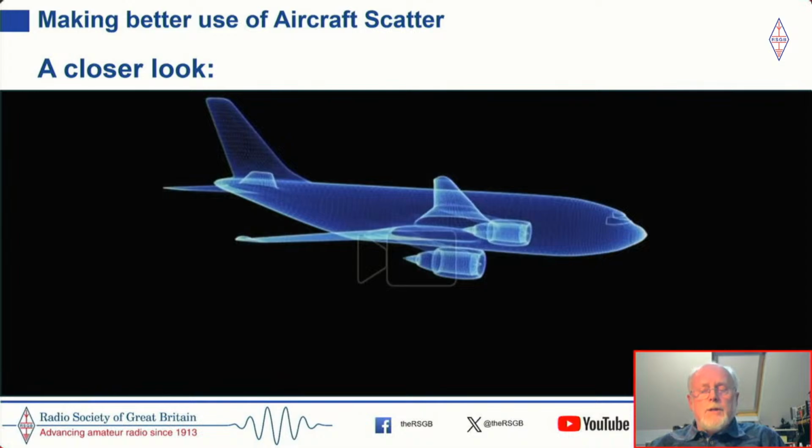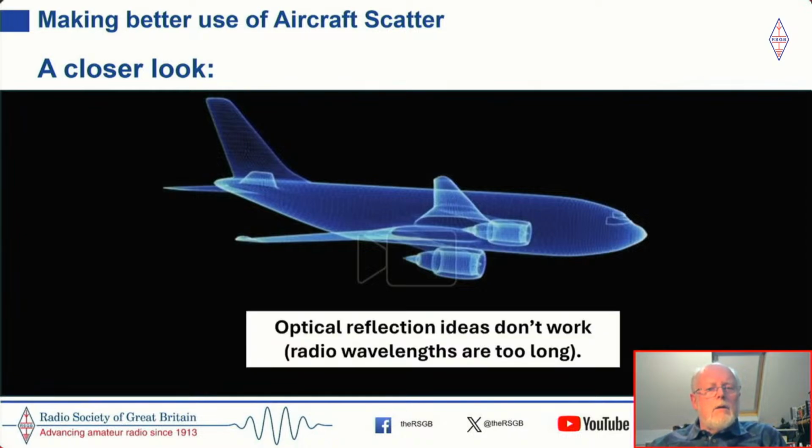It's just about the right size, but if we want to know how aircraft scatter works, then the first thing to realize is optical ideas like "it's like a mirror in the sky" don't cut it.